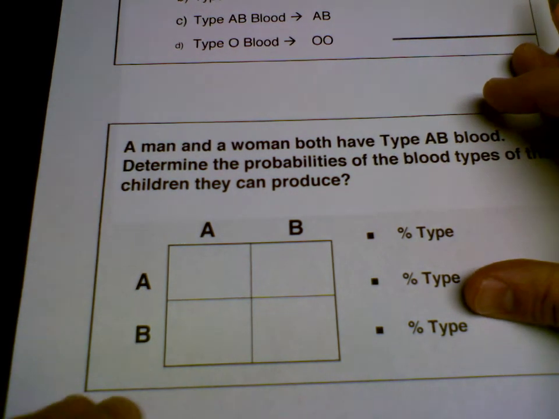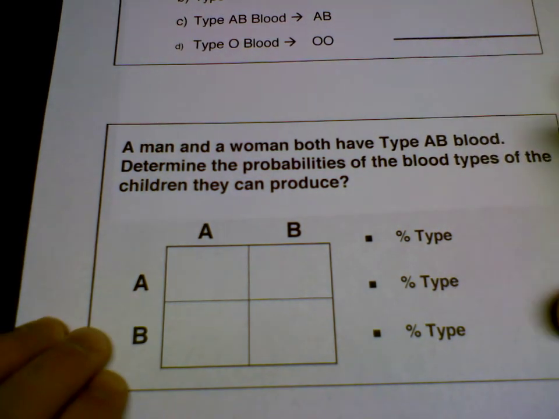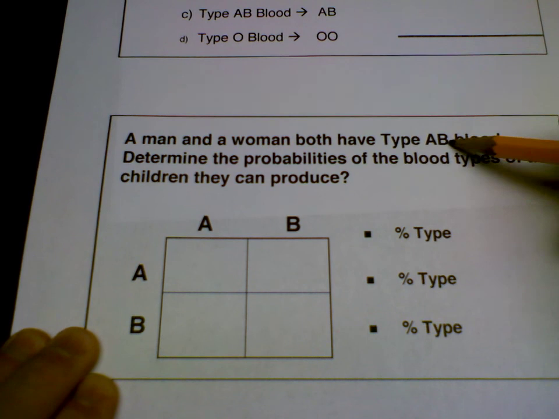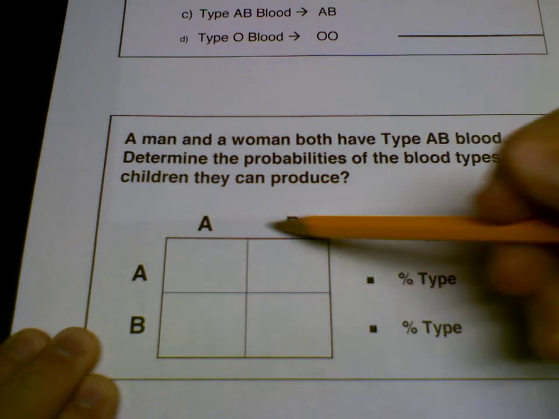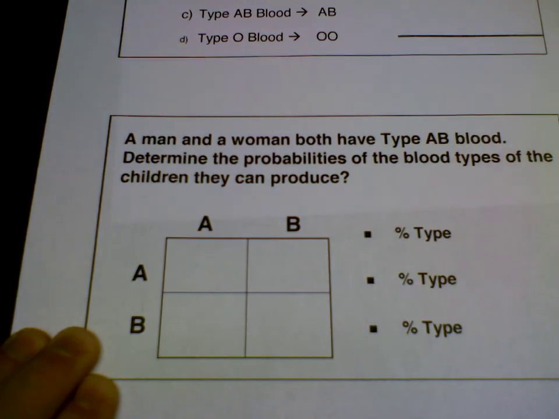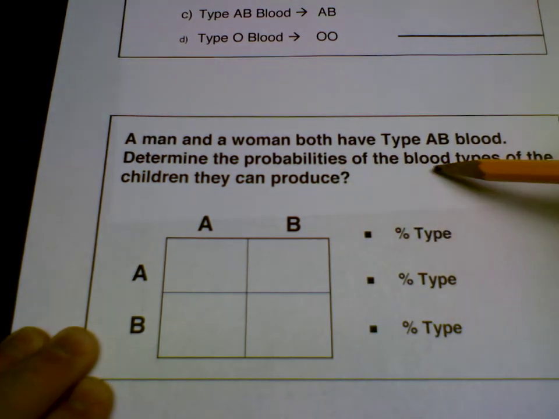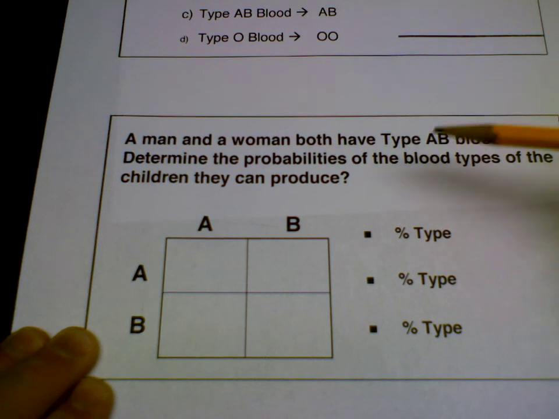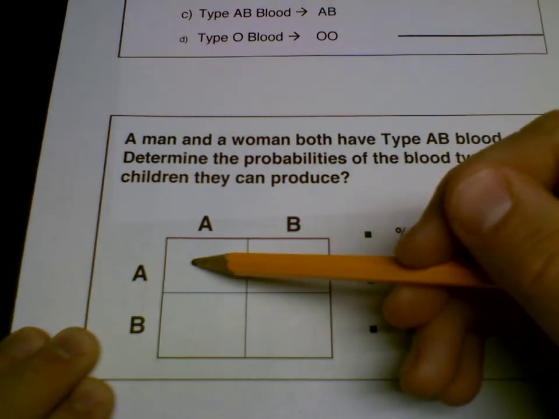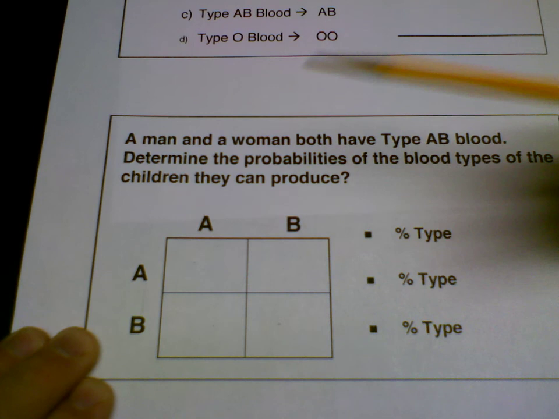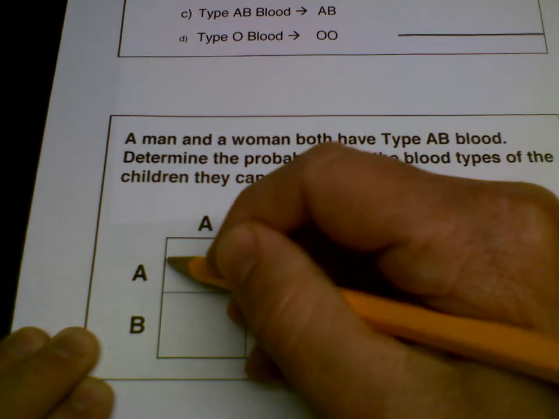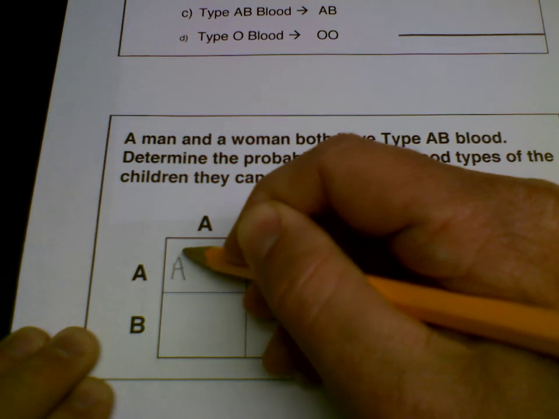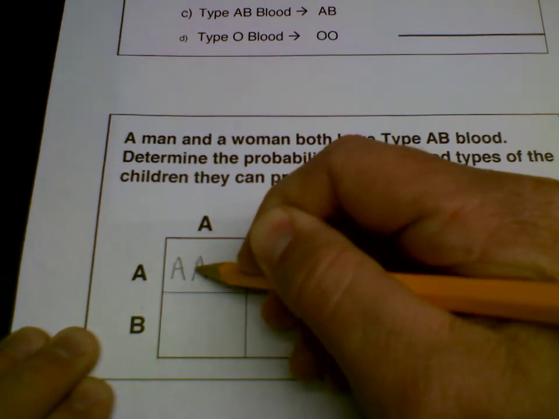This is where I saw people getting a little confused. A man and a woman both have type AB blood. So, to make this the man, make that the woman, doesn't matter which way you do it, could have done it the other way. Determine the probabilities of blood types of the children they can produce. So, you see the 4 squares here? All you're doing in the squares is you're going to combine this allele with that allele. You're just matching them up.